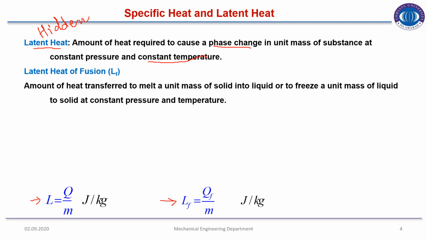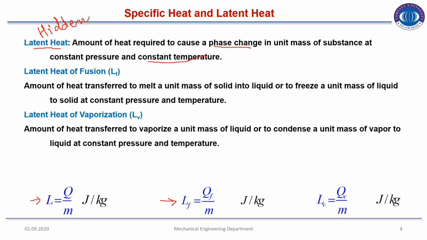The formula to calculate latent heat of fusion is LF is equal to QF divided by M, where QF is the amount of heat supplied for the process of fusion. The units of latent heat of fusion are joule per kg or kilojoule per kg.